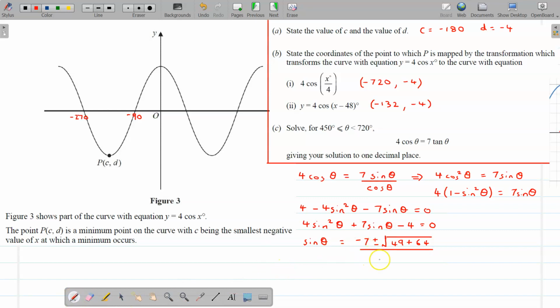Just be very careful using the quadratic formula, and especially with the minus signs. And that gives you -7 plus or minus root 113, over 8.